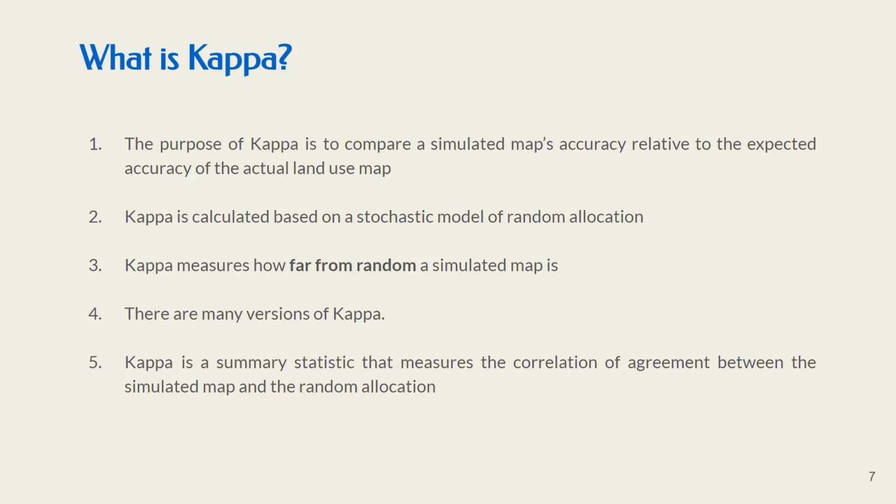Depending on which kappa equation is used, the scale will differ. Typically, kappa values range from -1 to +1, with +1 indicating perfect agreement, 0 indicating the map agreement is the same as random, and -1 indicating no agreement. Kappa summarizes the correlation of agreement between the simulated map and the random allocation.